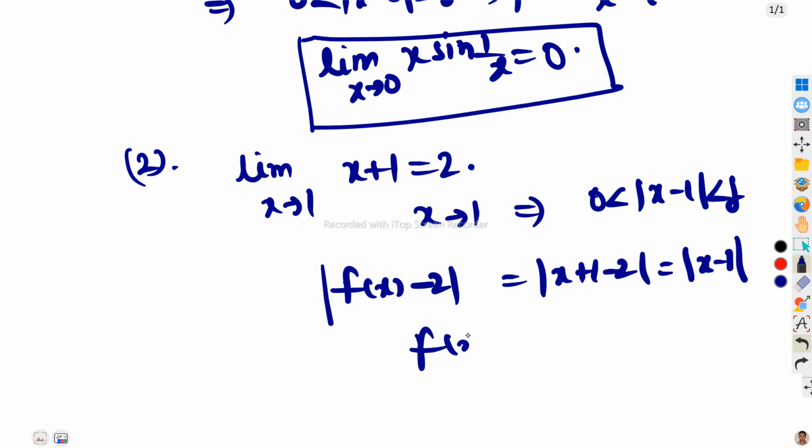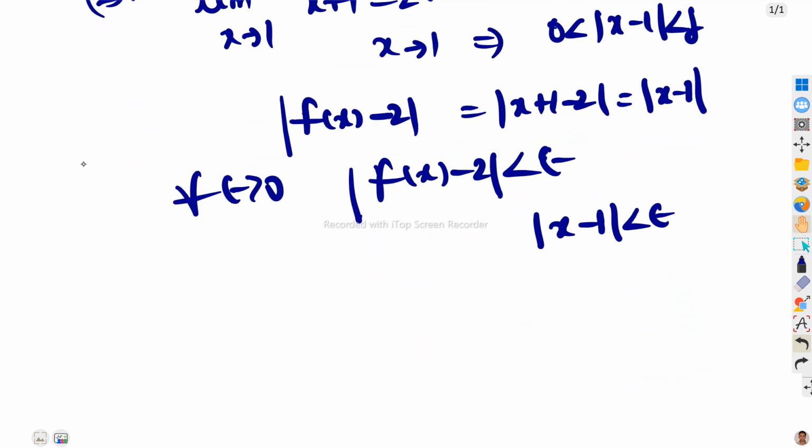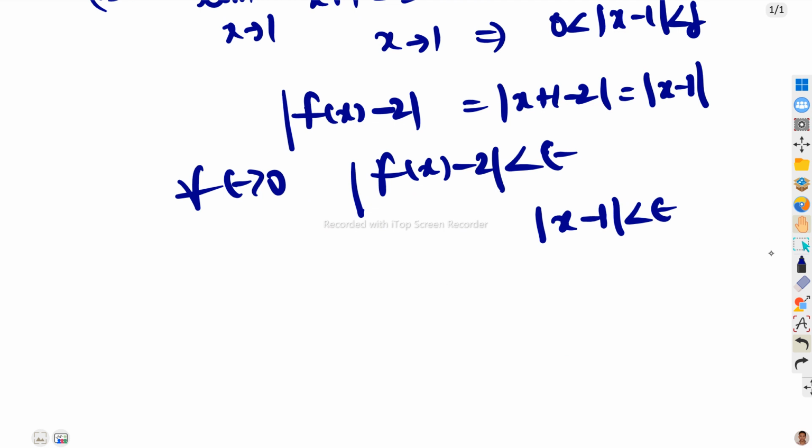So if |f(x) - 2| < epsilon for any epsilon, this becomes |x - 1| < epsilon.